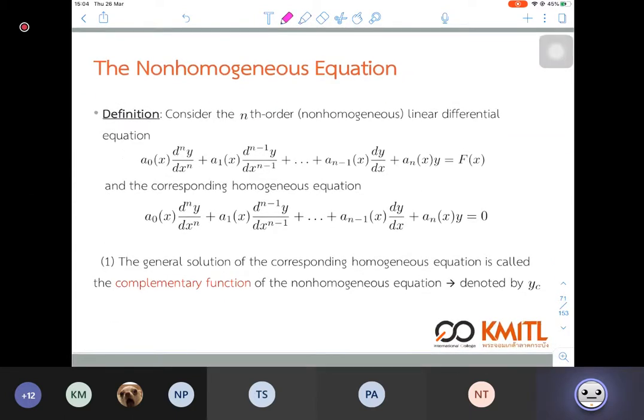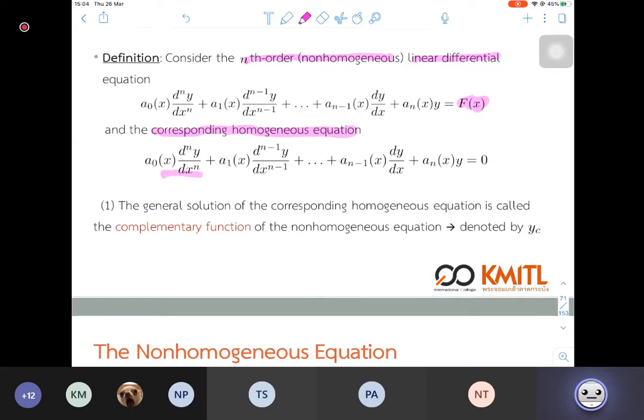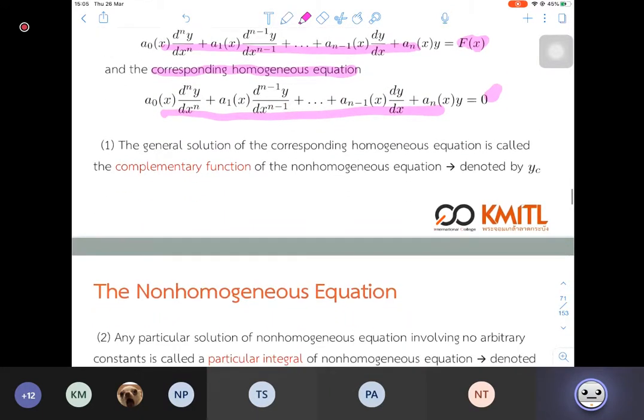Now let's consider nth order non-homogeneous linear differential equations. Non-homogeneous means f(x) not equal to 0. And also the corresponding homogeneous, which is the same left-hand side, but the right-hand side equal to 0. The general solution of the corresponding homogeneous equation is called the complementary function. So this is YC, right?